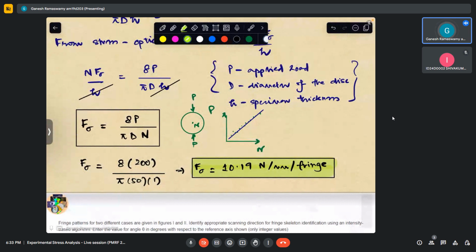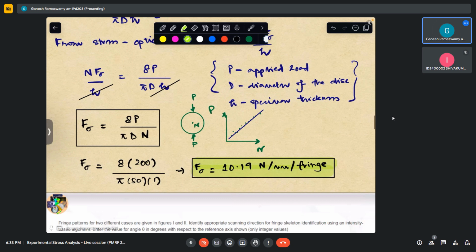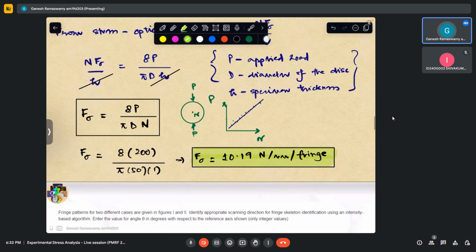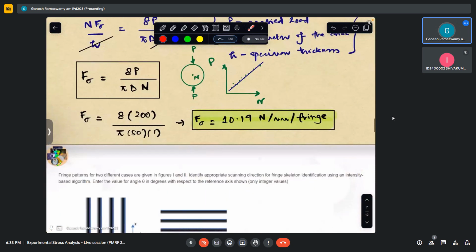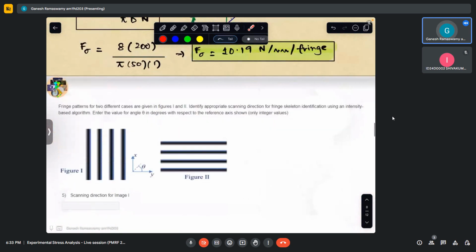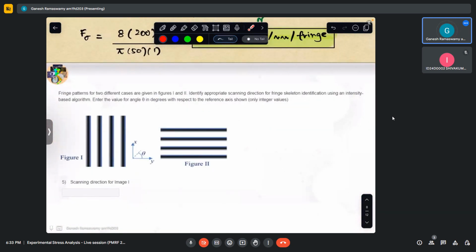After some time we want to repeat the experiment on the same model. With time, if there is any variation in the f sigma, that will also be captured by cutting this disc, because we can always do this calibration again for that disc. So that is one advantage. We should keep this in mind in order to calibrate our photoelastic materials.